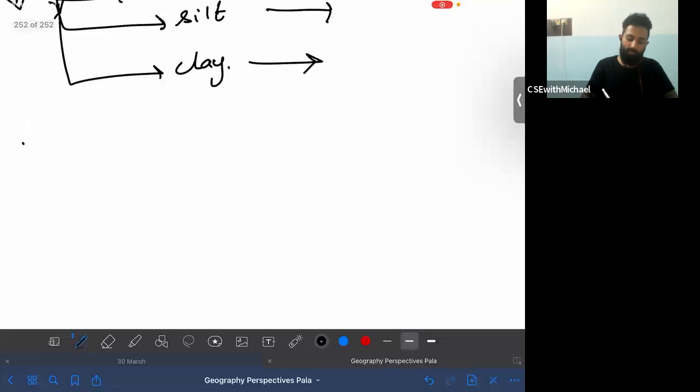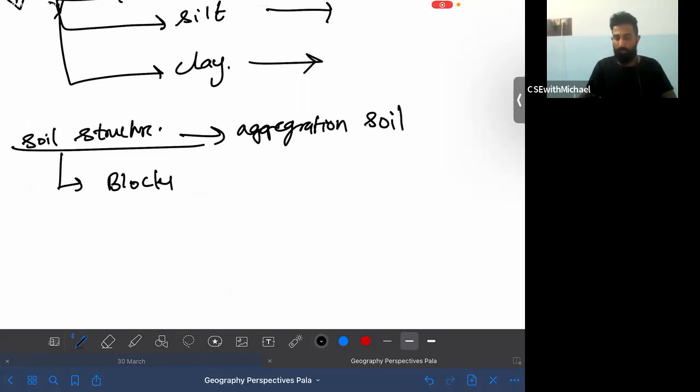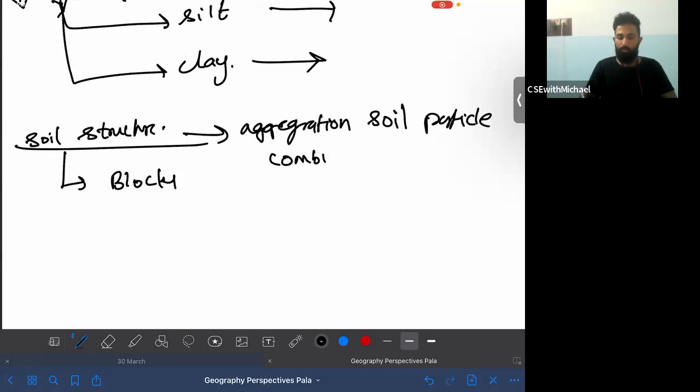Now you have soil structure. Soil structure would be composed of several things. For example, there would be blocky soil. Soil structure talks about the aggregation of soil particles that combine to form aggregates along with organic matter.